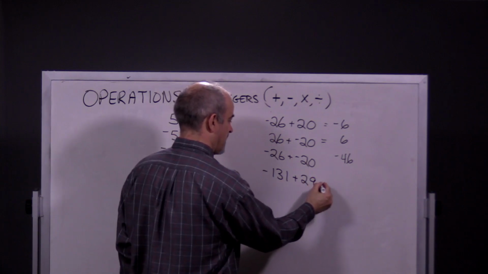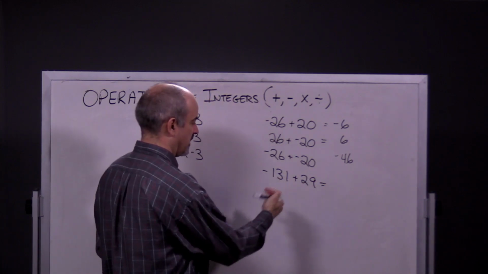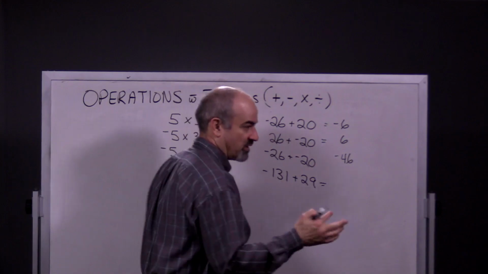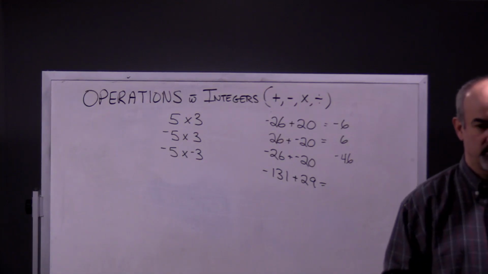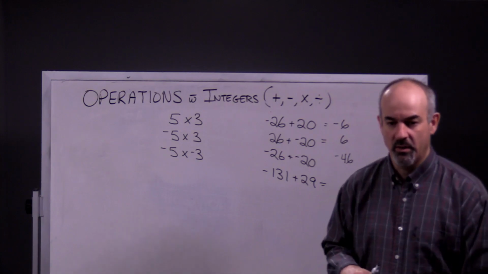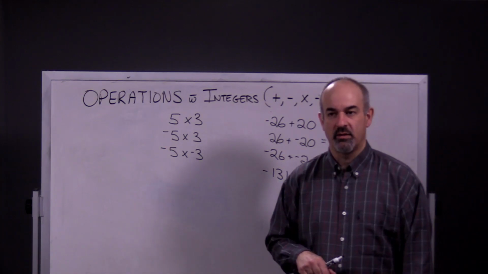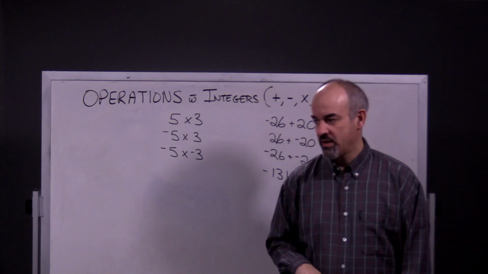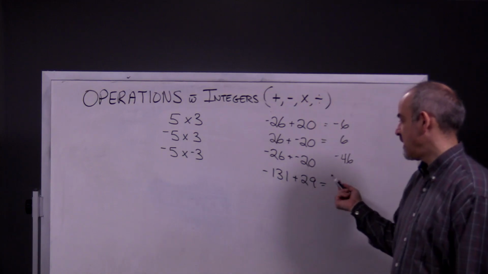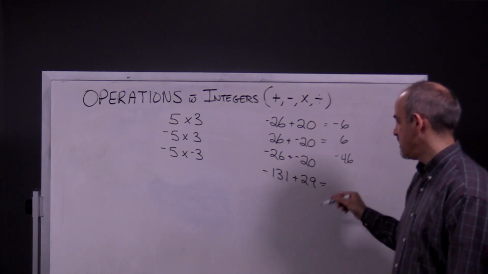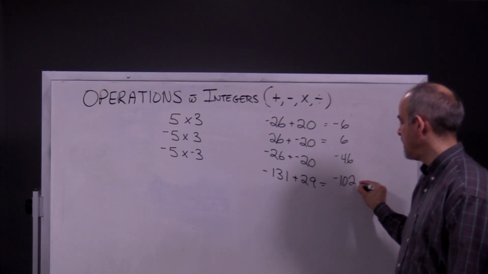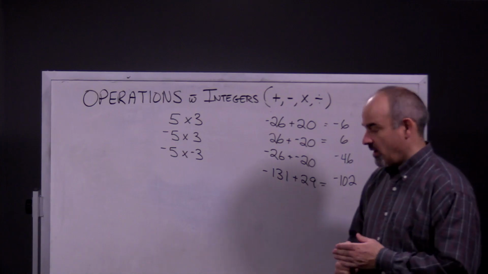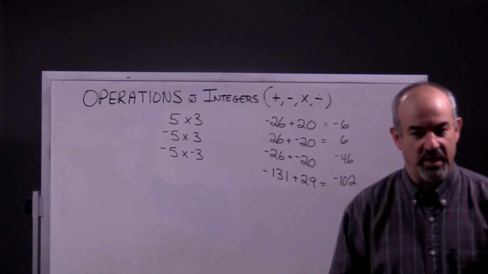Since one's positive and one's negative, I'll subtract. I'll just imagine that they're both positive, subtract, so you get 102. But since the one with the greater magnitude is negative, it'll be negative 102. Notice I didn't draw a picture for that.